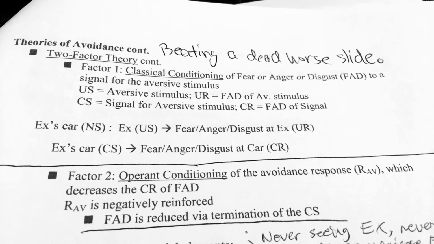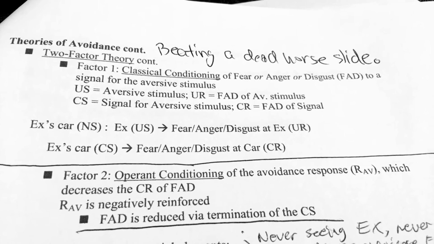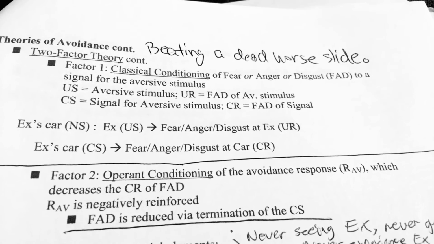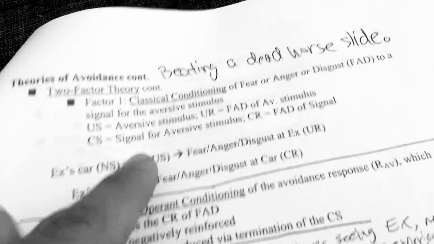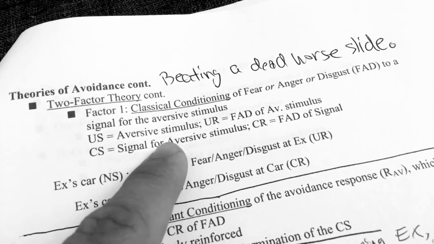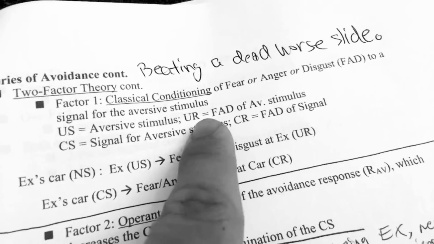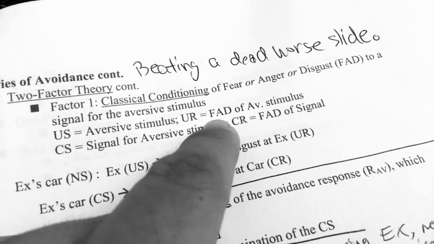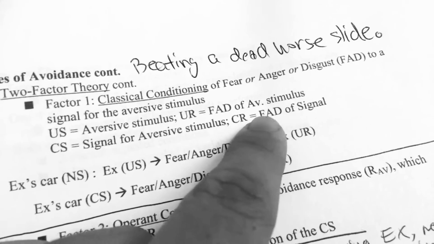Two-factor theory. Factor 1, classical conditioning of fear, anger, or disgust, FAD, to a signal for the aversive stimulus. The unconditioned stimulus was the aversive stimulus. You didn't see it coming, right? Your unconditioned response is your fear, anger, or disgust of the aversive stimulus.